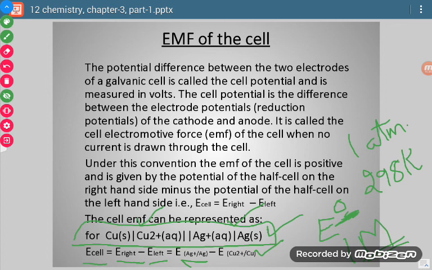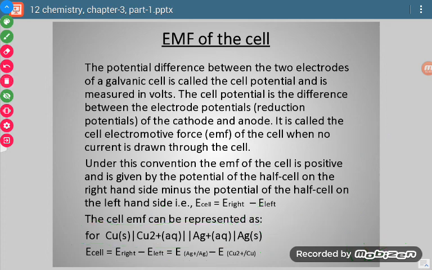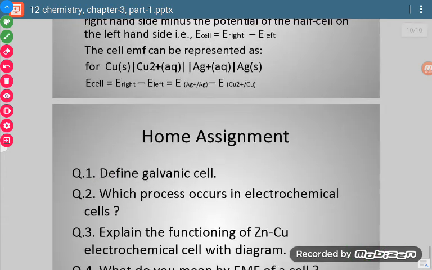If these are the conditions, then the EMF of the cell is termed as standard EMF and is denoted by E naught.